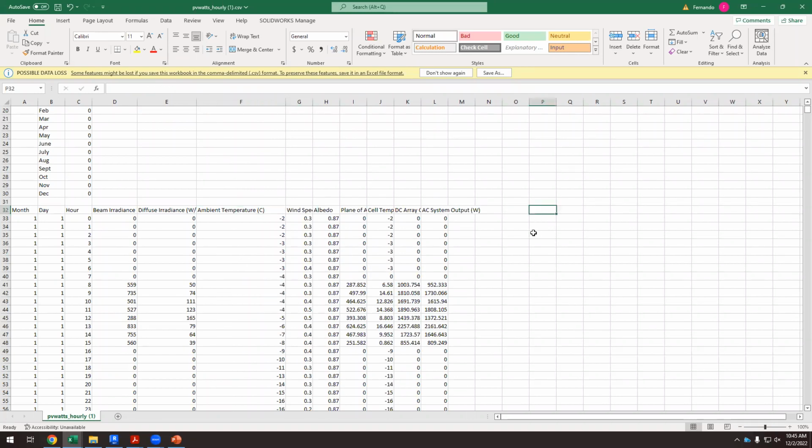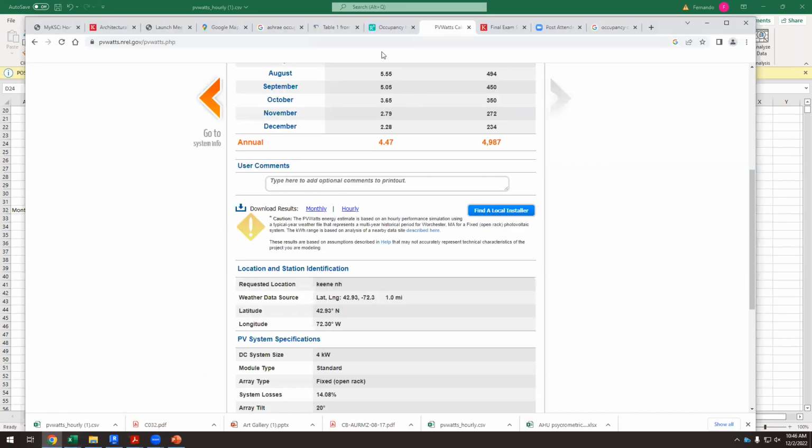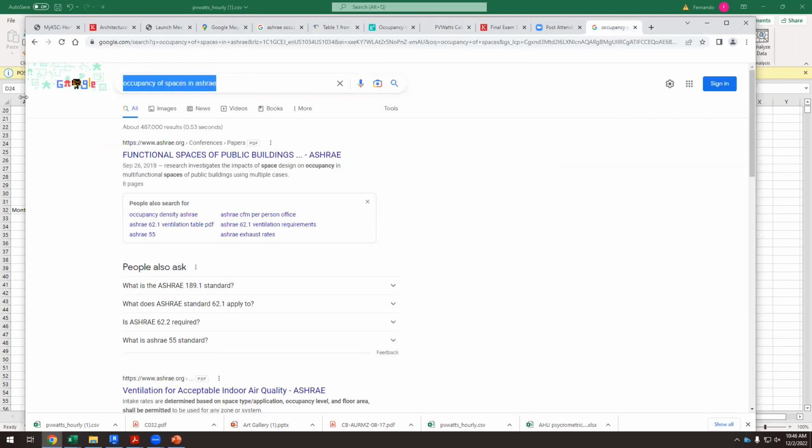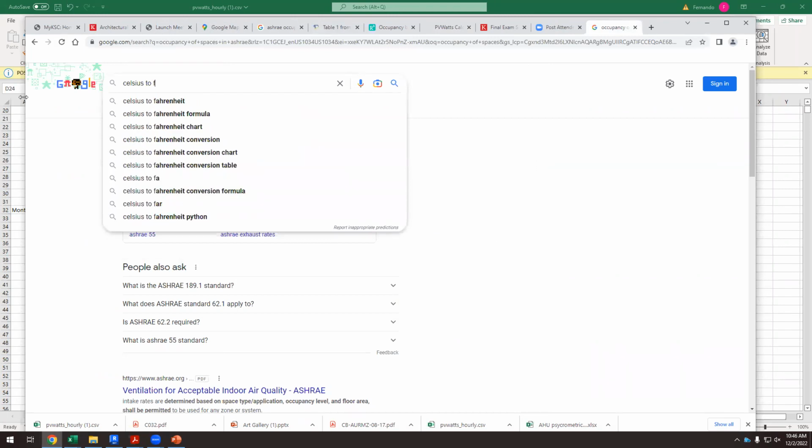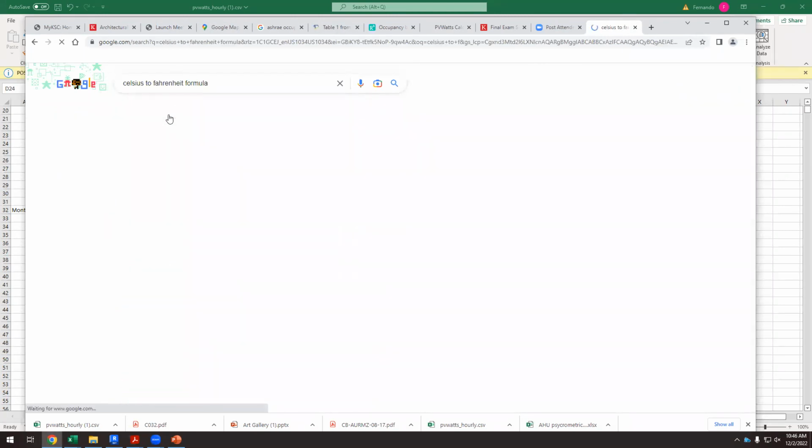So the first thing I have to do is to convert this from Celsius to Fahrenheit. So what's the formula to convert Celsius to Fahrenheit? I think it was somewhere. Celsius to Fahrenheit formula.